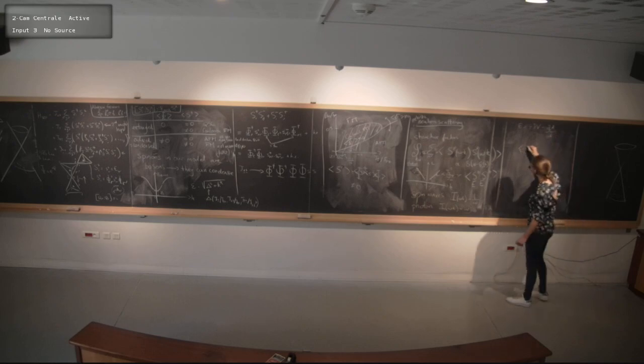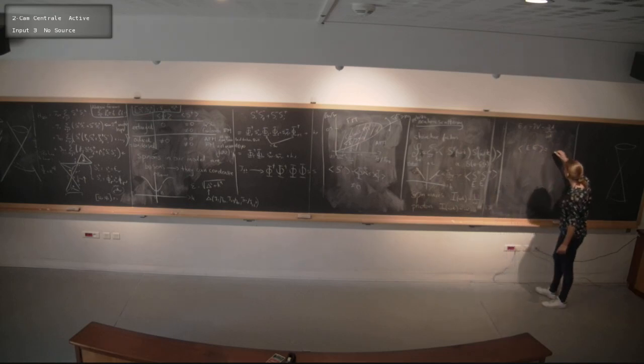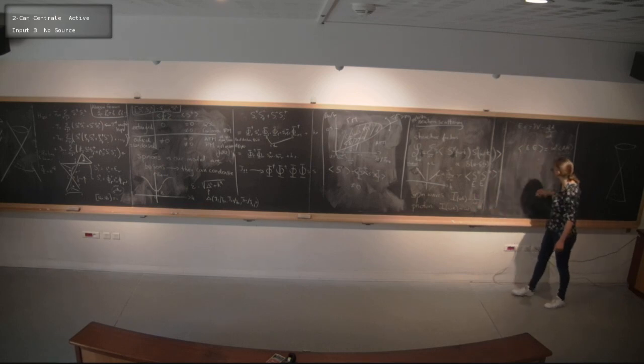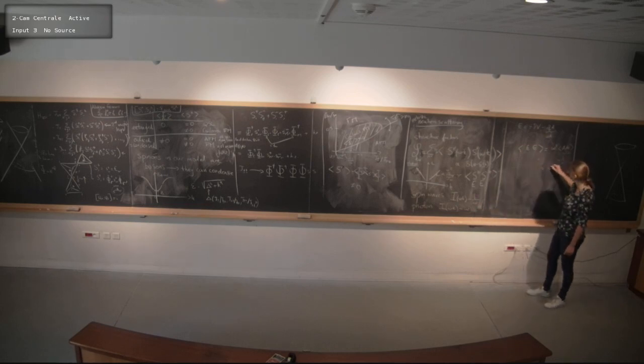When you compute E, you end up with omega squared AA, where AA would go like 1 over omega. But so then in the end, this just goes like omega. This is basically the reason.